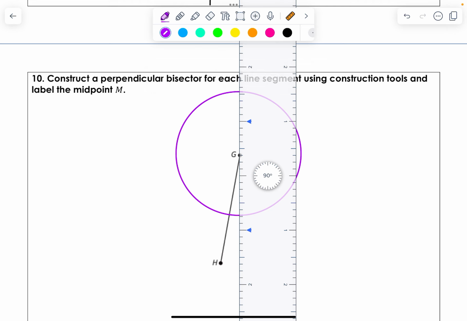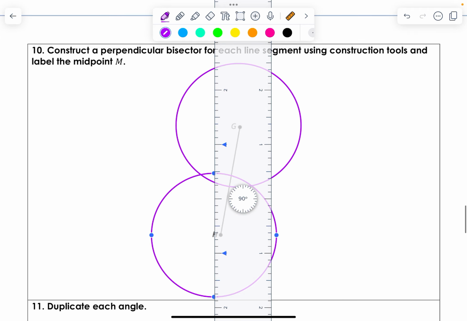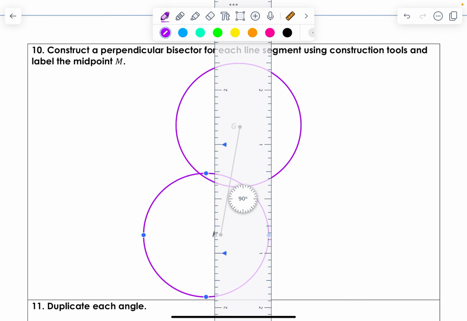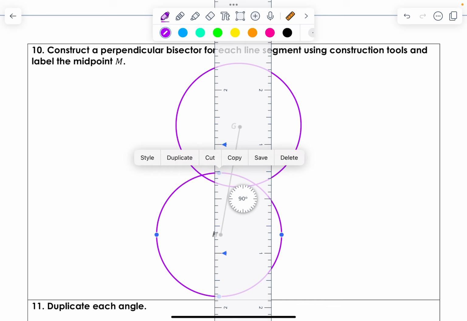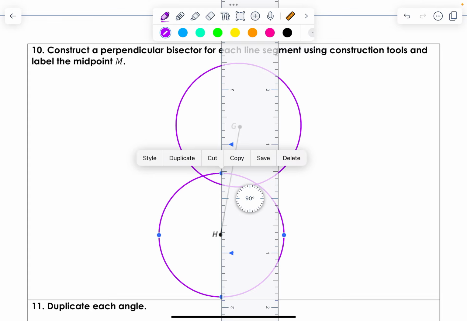And then I'm going to duplicate. Make sure that your circle goes past halfway across the line, otherwise this will not work. All right, let's be sure because this one, ugh, that's way off. Okay, great.